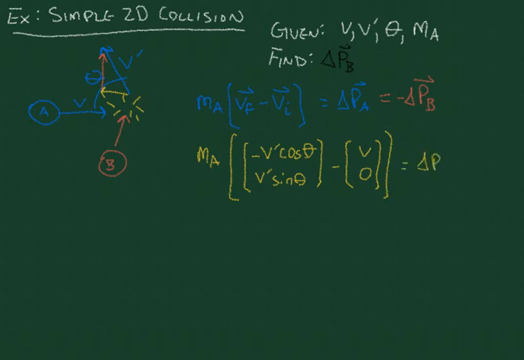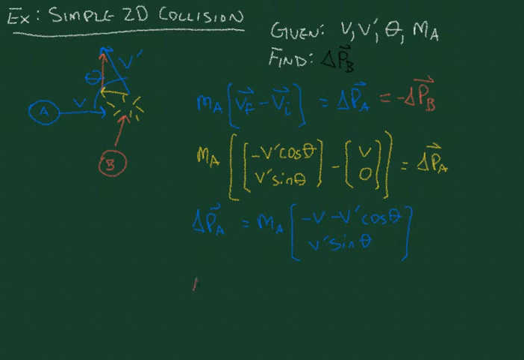So this is our change in momentum for A. And so we solve this out, and our change in momentum of A is equal to ma times (minus v prime cosine theta, v prime sine theta).